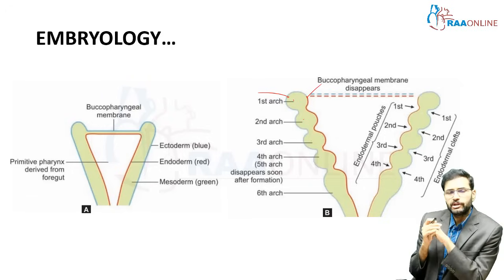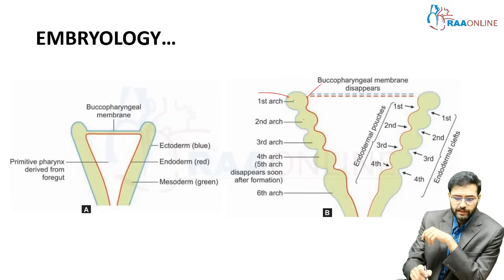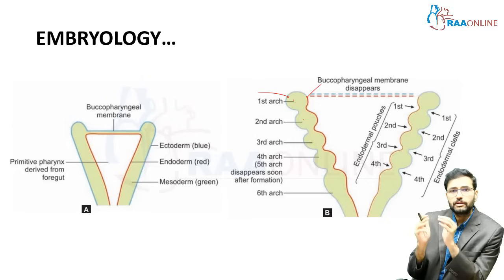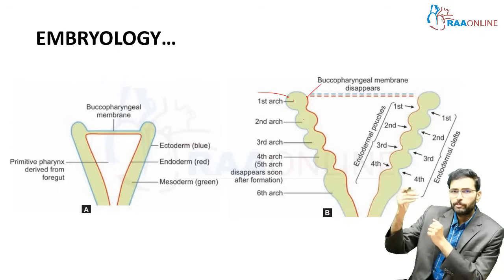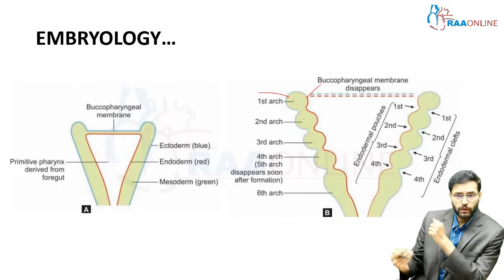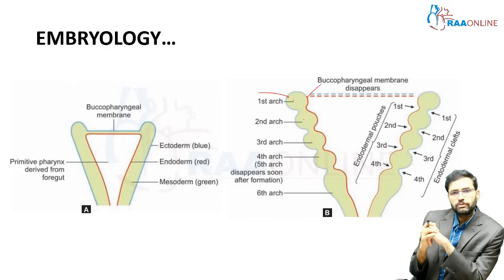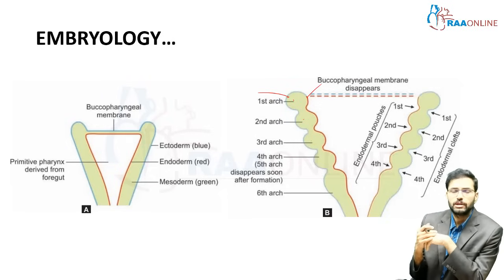This mesoderm orients itself within the developing pharynx as bars. This bar extends dorso-ventrally and is present in a sequence craniocaudally. This bar is what forms a pharyngeal arch.